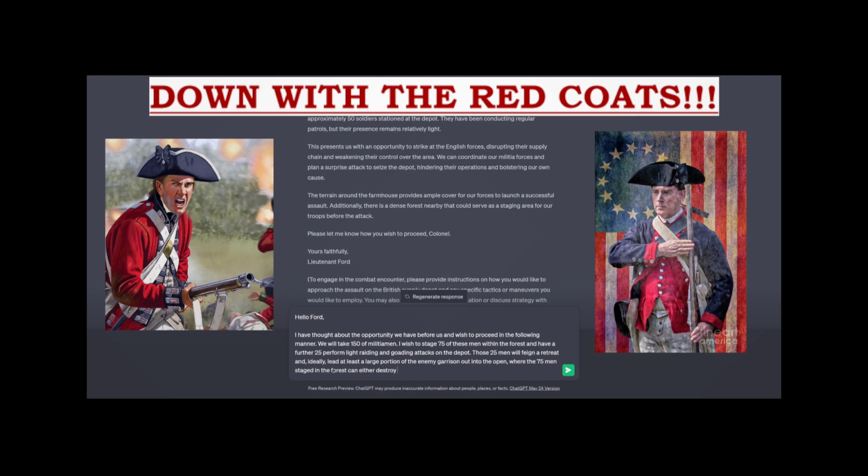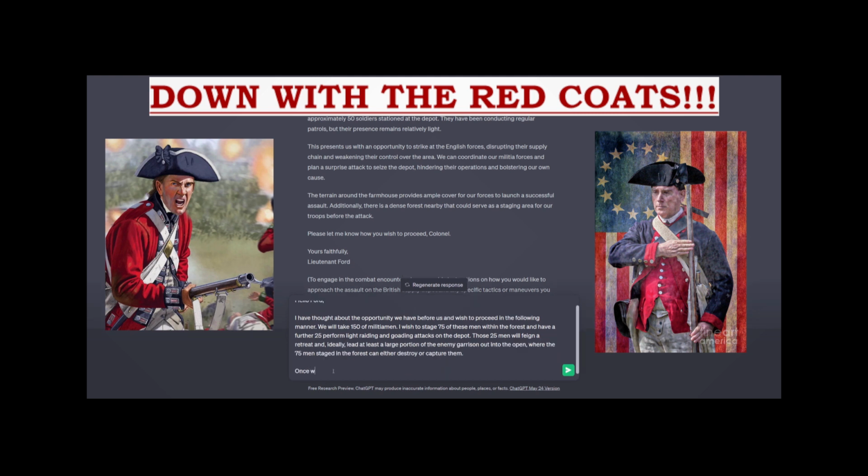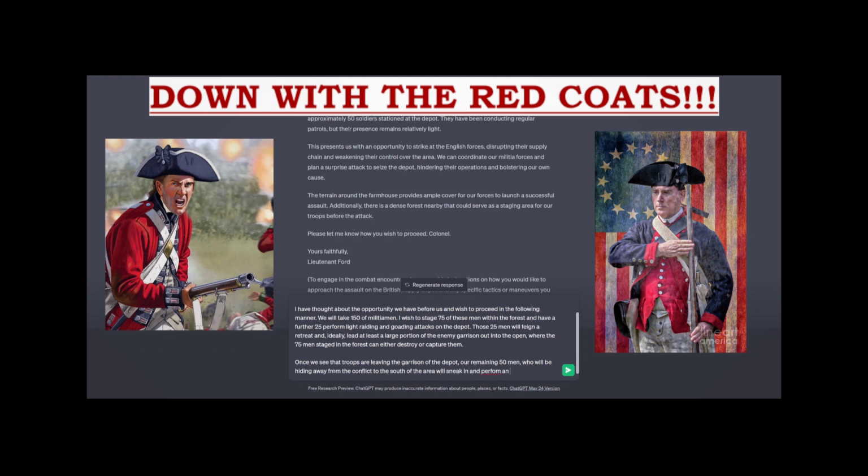Once we see that troops are leaving the garrison of the depot, our remaining 50 men, who will be hiding away from conflict to the south of the area, will sneak in and perform either an armed raid to destroy the equipment there.